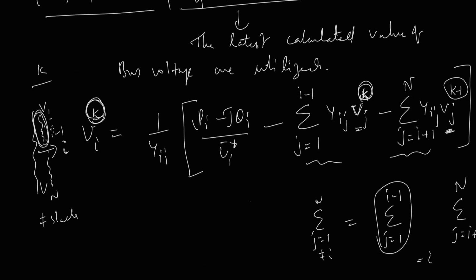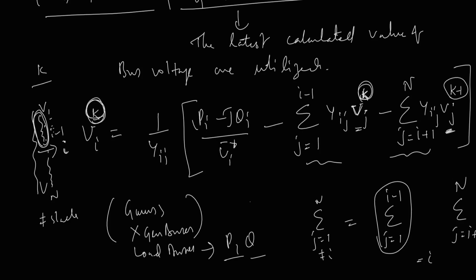This case has no generator buses, and all are load buses, and we know that all load buses are specified with P and Q. There is no ambiguity. P and Q are specified at load buses. So these two are known, right? And all admittances are known from the admittance matrix.